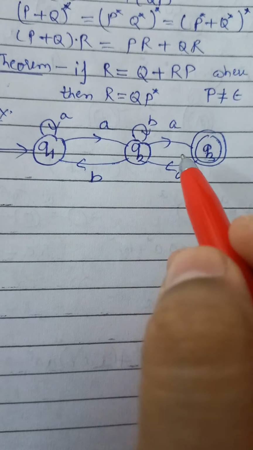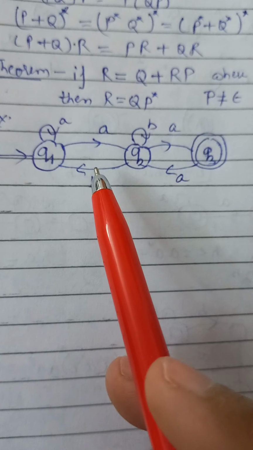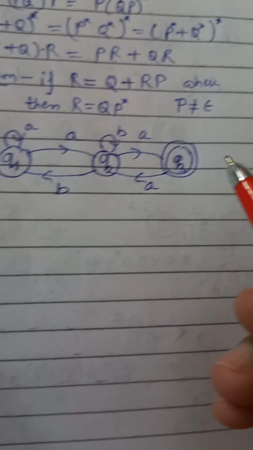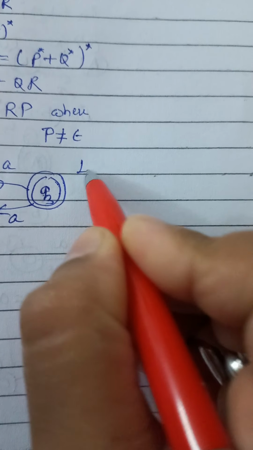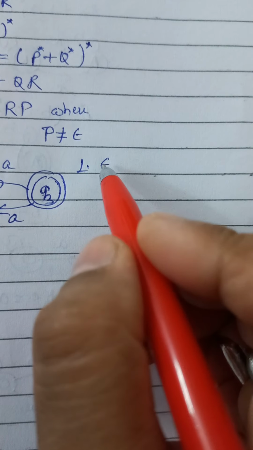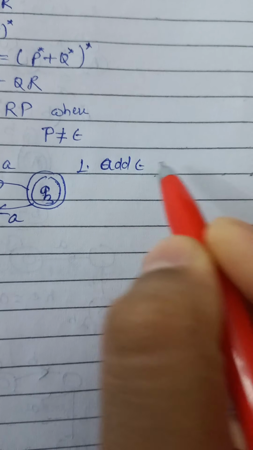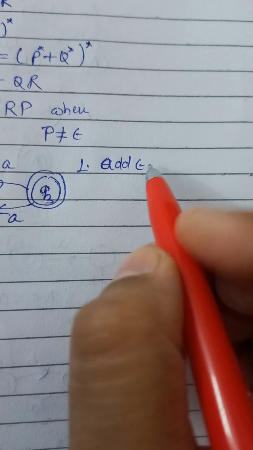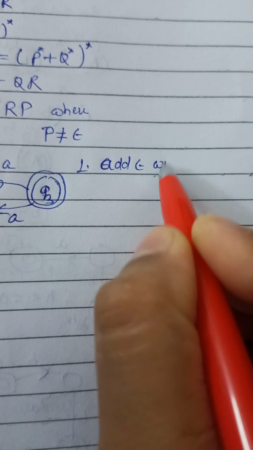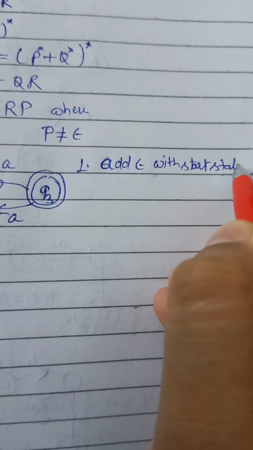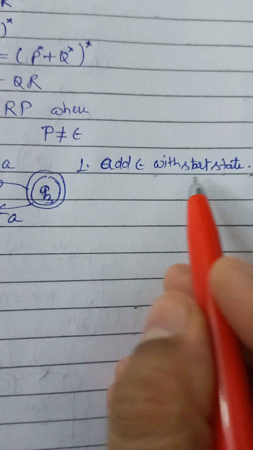So there are a few rules to solve this conversion. The first one is add epsilon with the start state. Add epsilon with the start state.